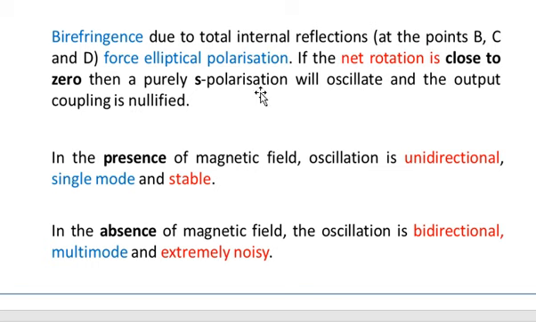So this is a very important point. You see that if the birefringence due to internal reflections at points B, C, and D forces elliptical polarization, and if the net rotation is close to zero, then a purely S polarization state will oscillate and the output coupling is nullified.